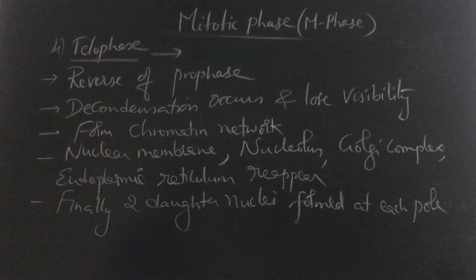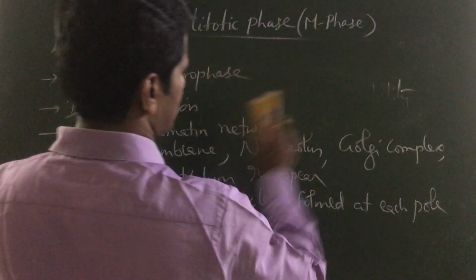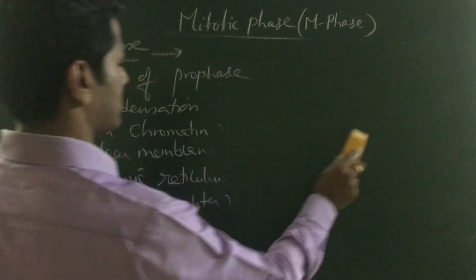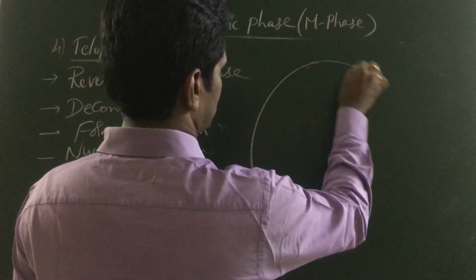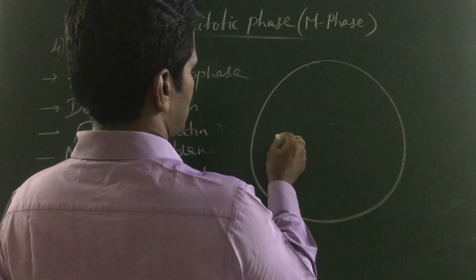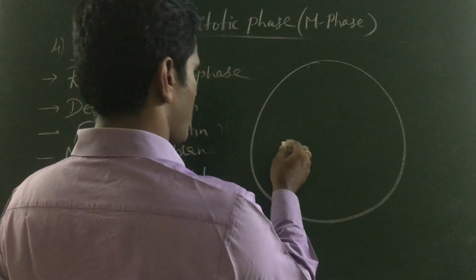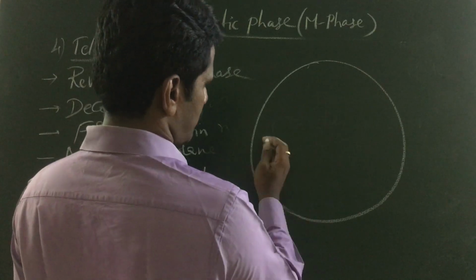Right. So this is what? So if you see diagrammatically how it is formed in telophase, when it comes to one side, all the chromosomes are pulled.